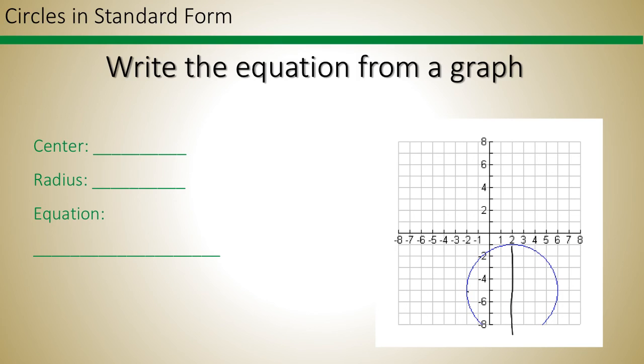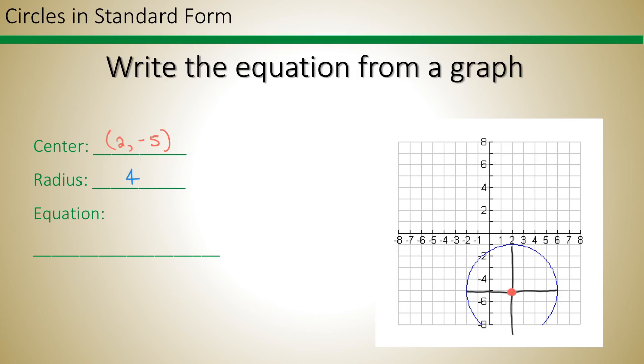And then another line going through what I think is the center of the circle. So we can see that the center of the circle is right here. Okay, so that is the point 2, -5. And then our radius is 1, 2, 3, 4. The radius is 4.